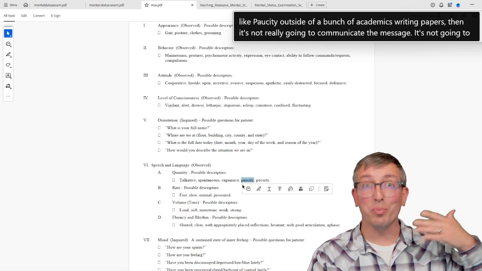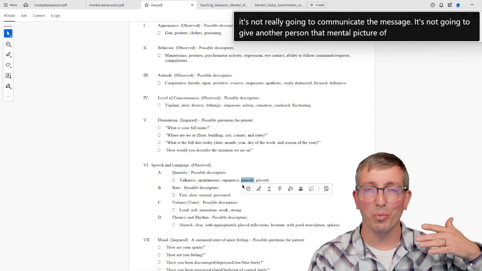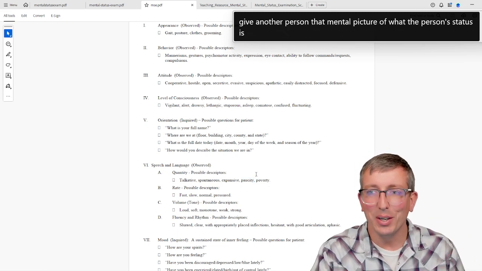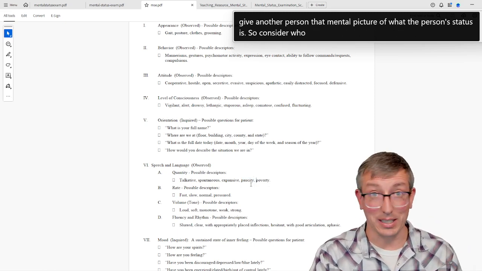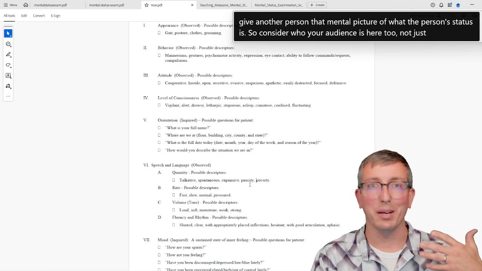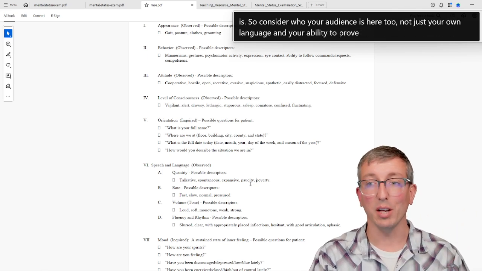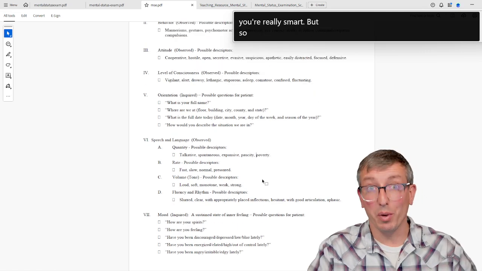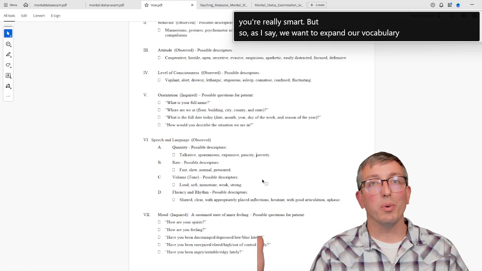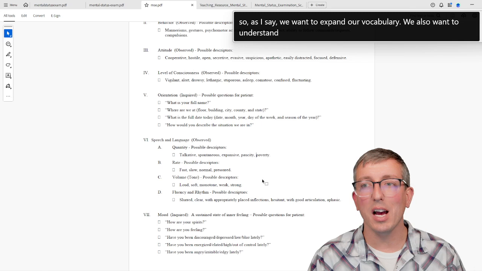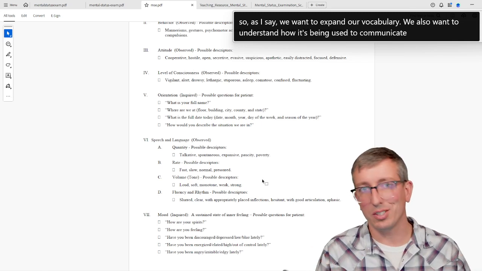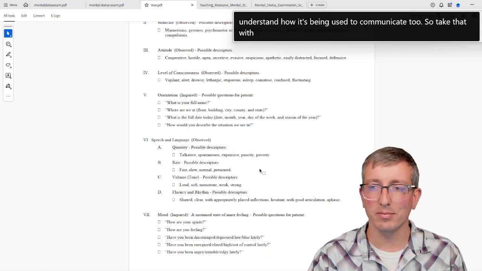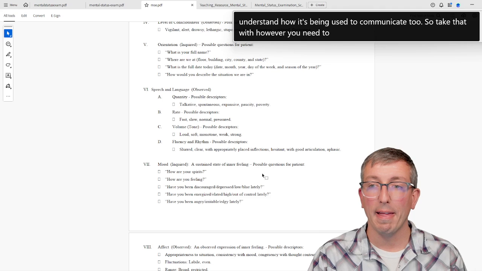It's not going to give another person that mental picture of the person's status. So consider who your audience is too, not just your own language and your ability to prove to yourself or other people that you're really smart. As I say, we want to expand our vocabulary. We also want to understand how it's being used to communicate. So take that with however you need to.